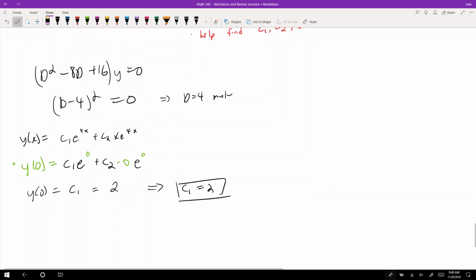Now we need to take derivatives. So I need to take y prime of x. So y prime of x is 4c1 e to the 4x plus, with the product rule, c2 e to the 4x plus 4c2 x e to the 4x. I'm just going to say this is my product rule.